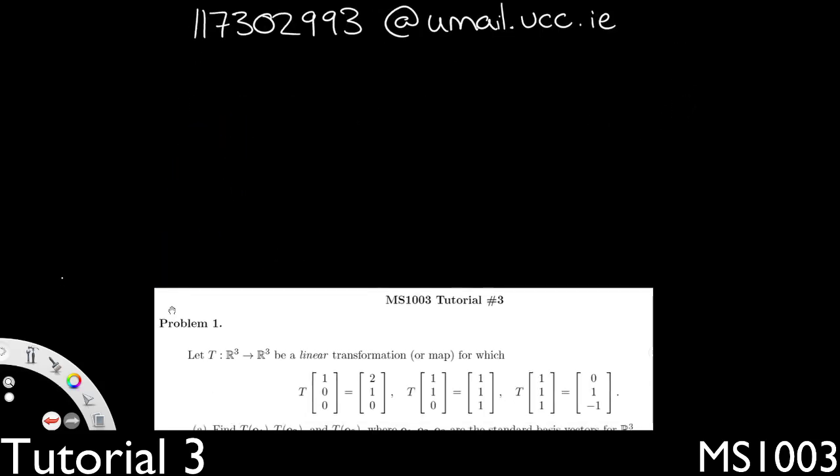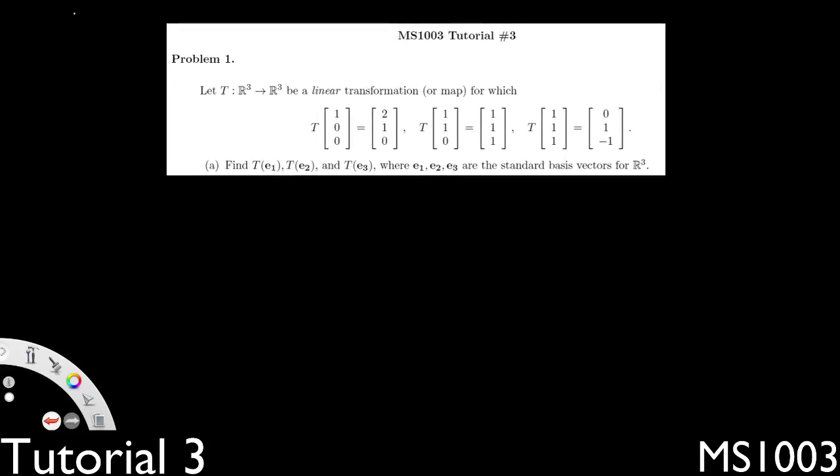But anyway, into tutorial 3, and we start with problem number 1, which is a pretty fundamental problem. We're going to learn a few things. T is going to be a linear map from 3D space to 3D space, and we're given what T does to the vectors (1, 0, 0), (1, 1, 0), and (1, 1, 1).